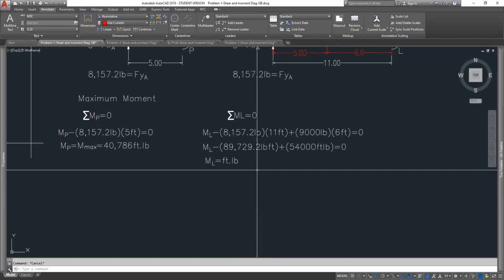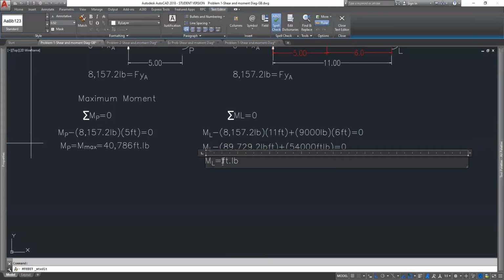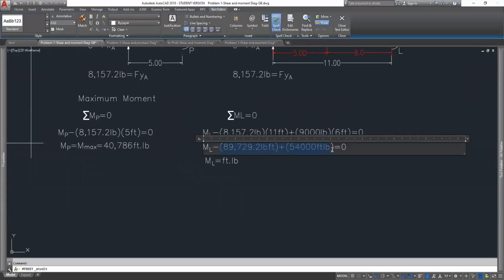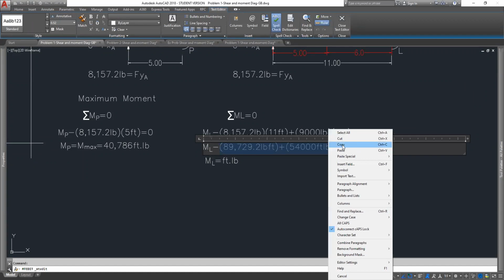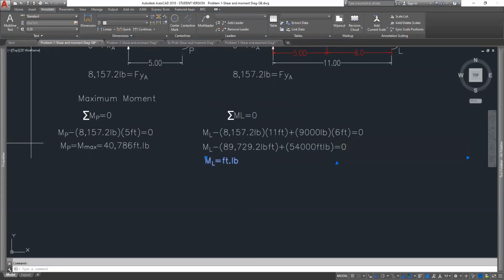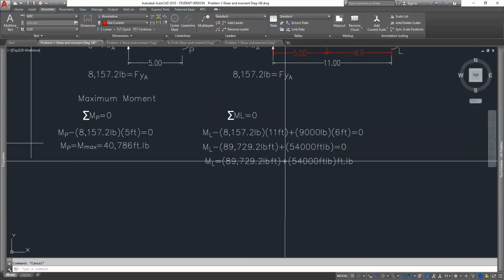So what we have then is ML is equal to a positive 89,729.2, and this would be a negative 54,000.